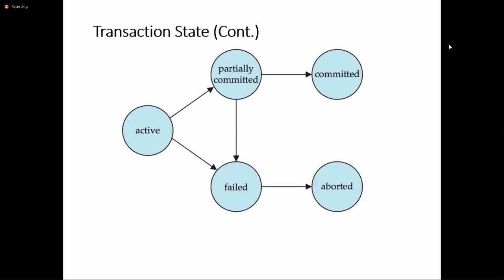There is a figure here. Active means the particular transaction is now running and executing. Partially committed means some parts inside the transaction completed successfully, but another part may fail.